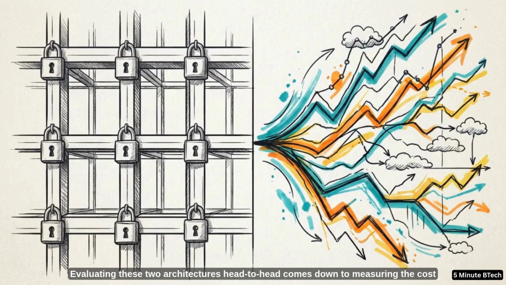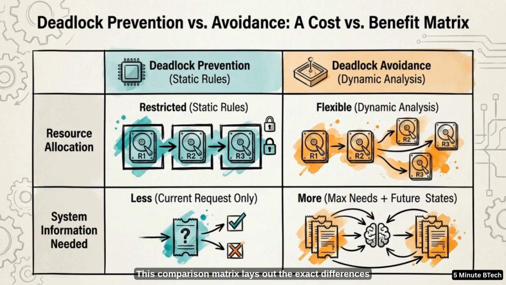Evaluating these two architectures head-to-head comes down to measuring the cost of rule-based restriction against the cost of state-based prediction. This comparison matrix lays out the exact differences in how the two approaches allocate system power. Prevention requires very little system information to run, but strictly limits allocation.